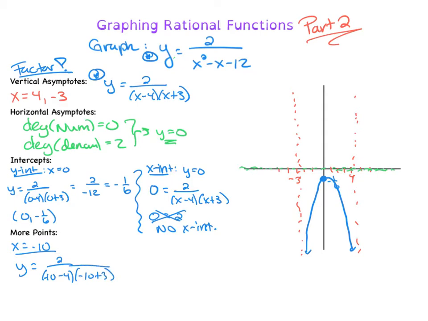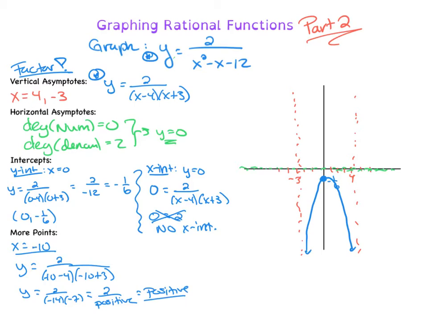You'll notice I'm plugging it into the factored version just to help the mental arithmetic. So 2 over negative 14 times negative 7. Now, I don't know what 14 times 7 is, but I do know that negative 14 times negative 7 is some positive number. And 2 divided by some positive number is positive, which is really helpful.